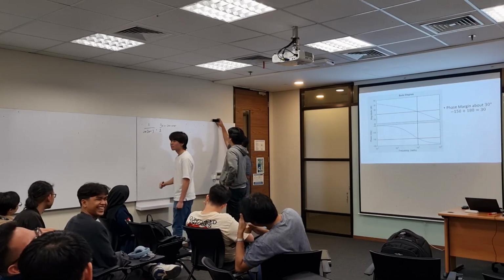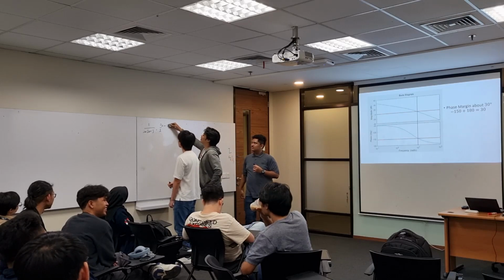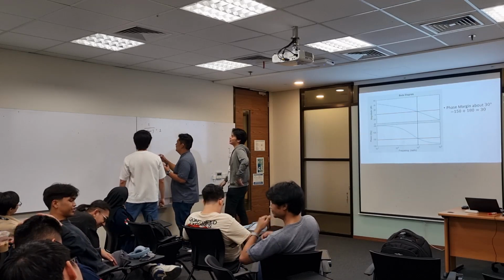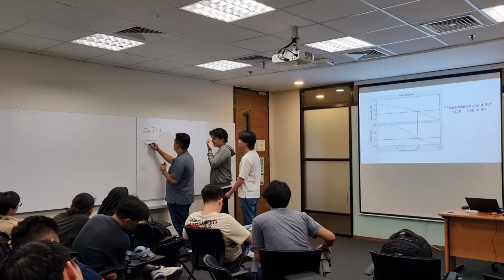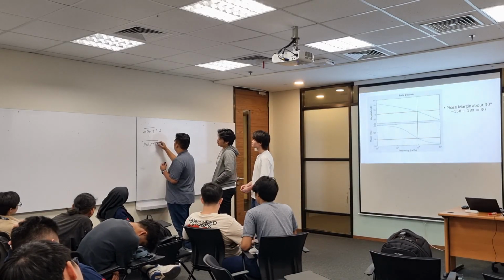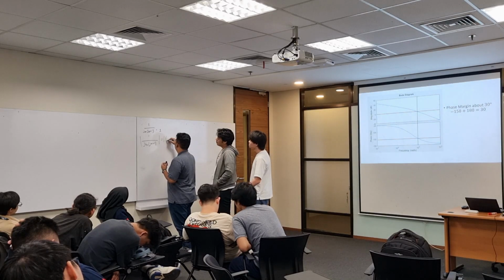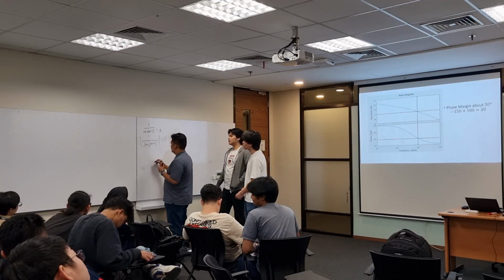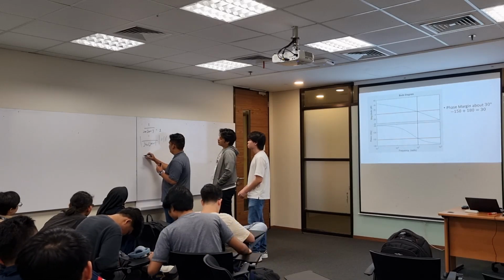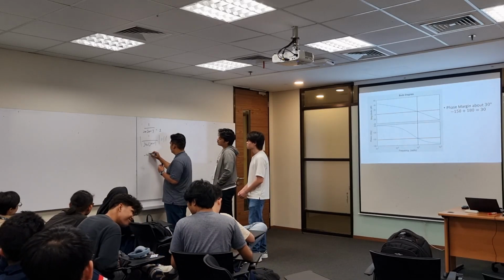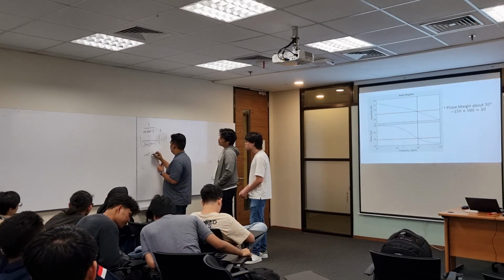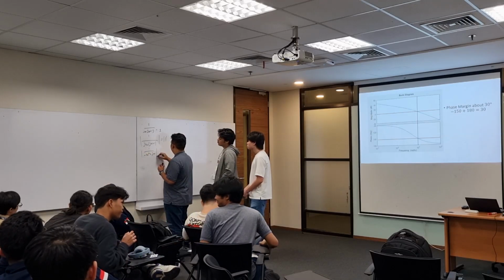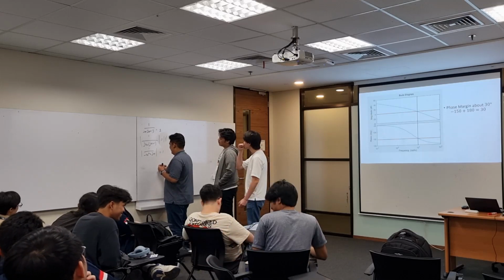Then you take the absolute value and find the magnitude. Multiply j omega with the other term.